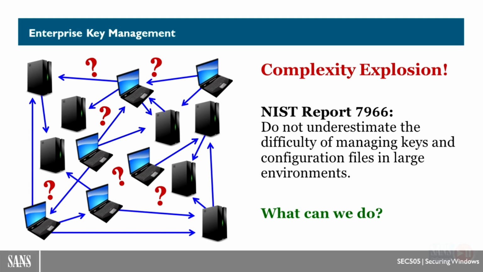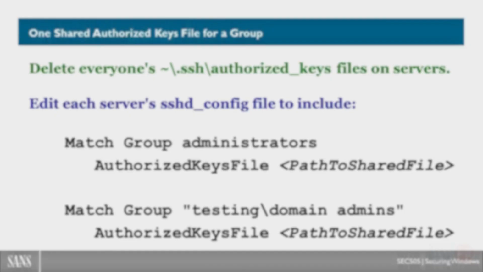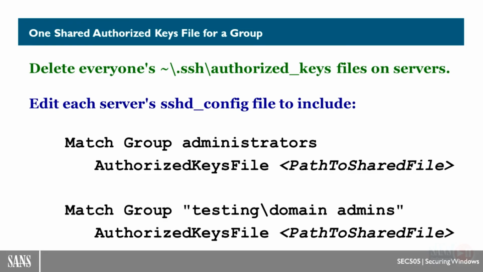So what can we do then to try to tame this complexity explosion? If you're just going to use SSH on, let's say, a dozen servers and a few workstations, well, yes, that can be done by hand. But once we start scaling this out to the enterprise, it becomes a real management problem. Imagine that we delete every authorized keys file that we find throughout the entire organization, so that nobody, at least right now, can authenticate with their keys to other boxes.